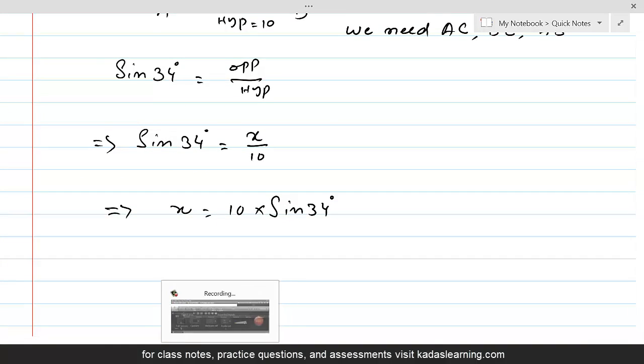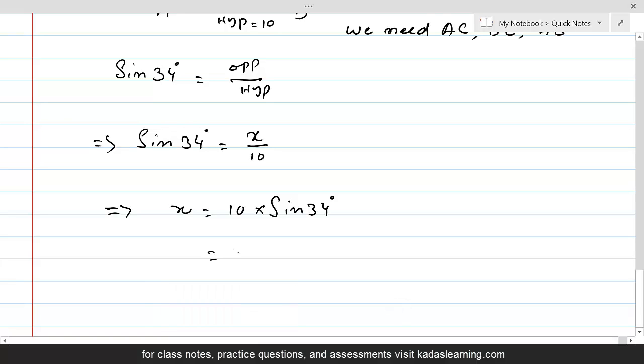Sine of 34 degrees is 0.55, so this is 10 times 0.55, which is 5.5 centimeter.